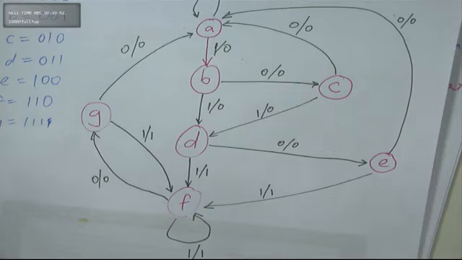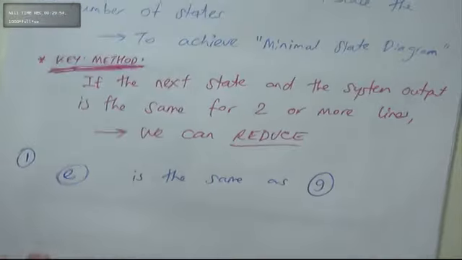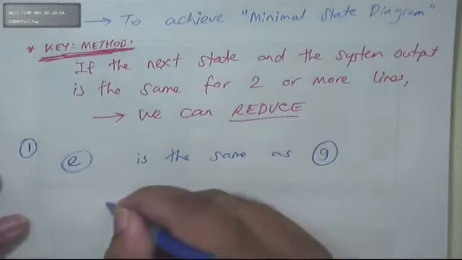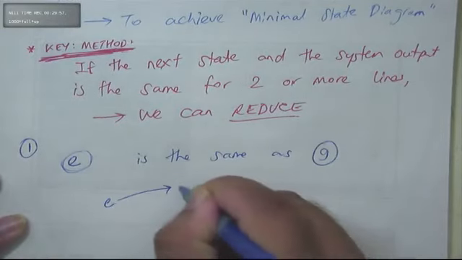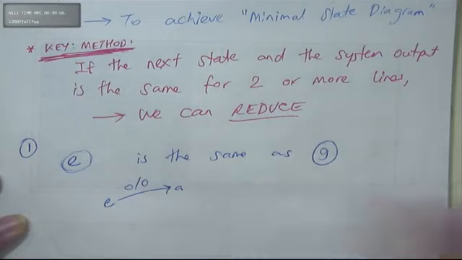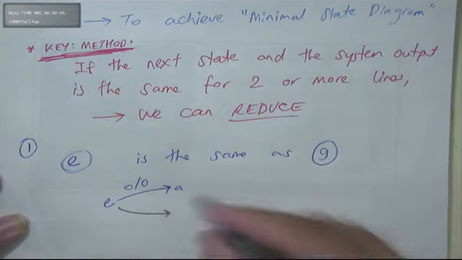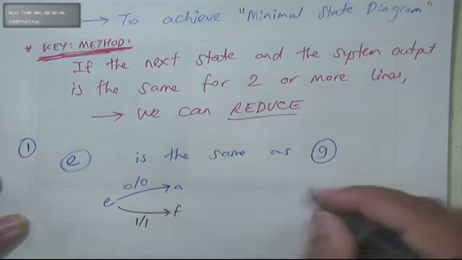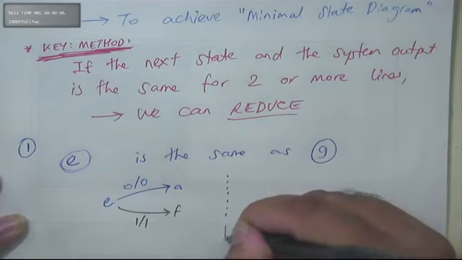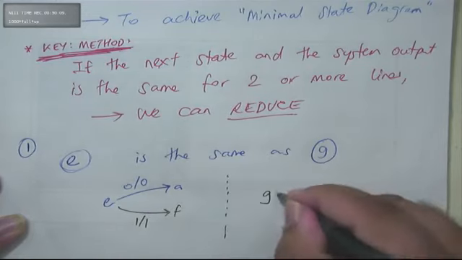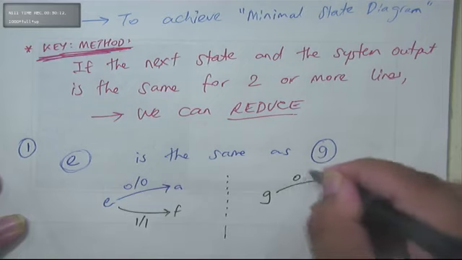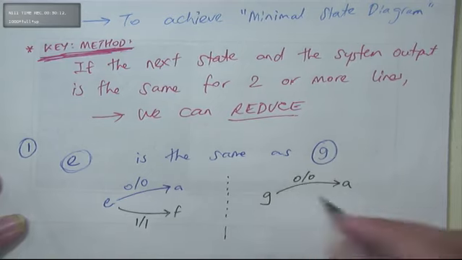All right. So let me just list it down here. E goes to A if it's 0, output 0, and E goes to F if it's 1, output 1. On the other hand, G goes to A if it's 0, and the output is 0.